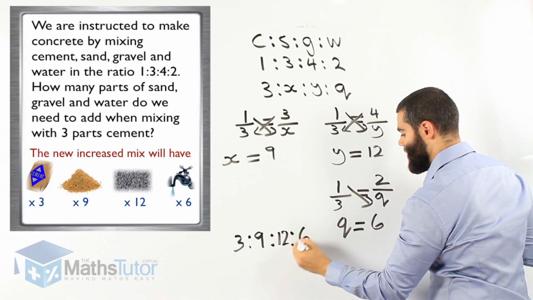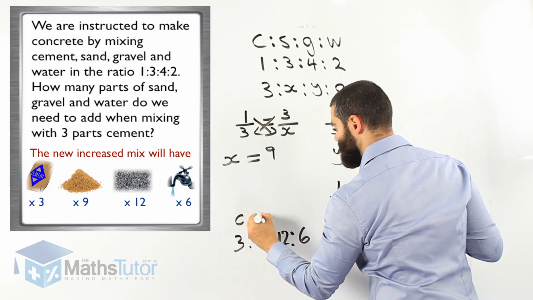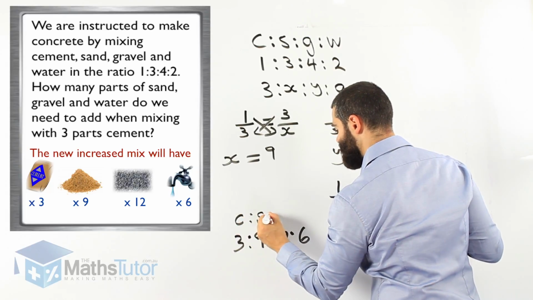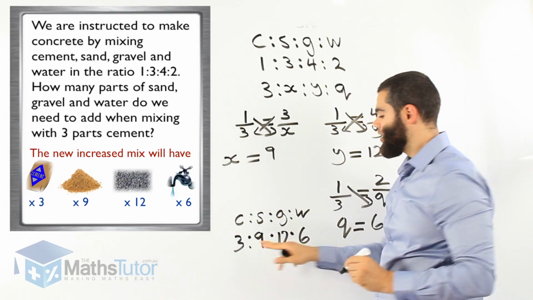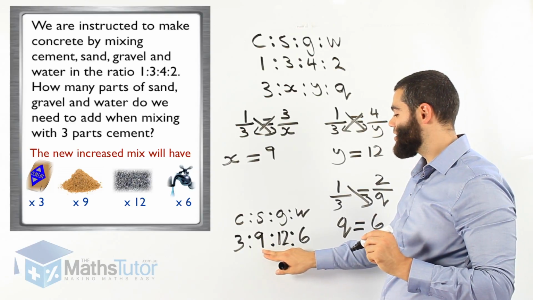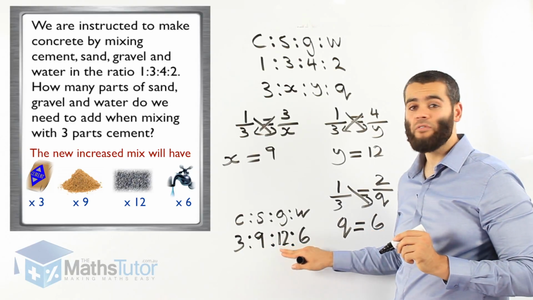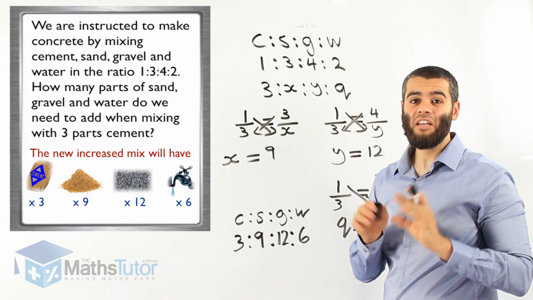So we have 6 parts water. So cement, sand, gravel, and water. If we have 3 parts cement, we need 9 parts sand, 12 parts gravel, and 6 parts water. As you can see, it is easy.